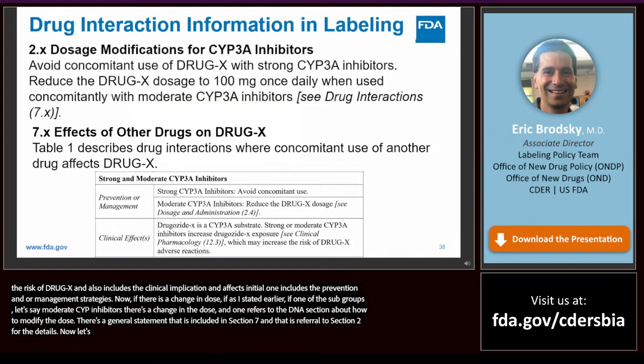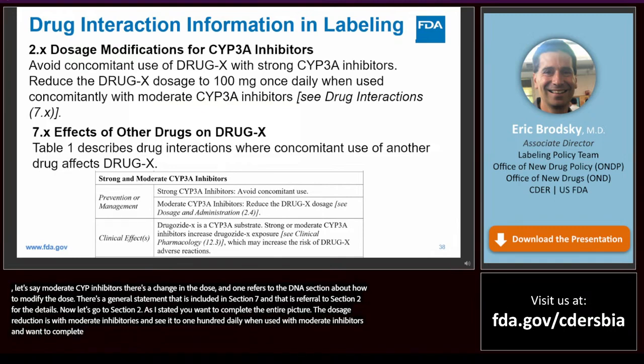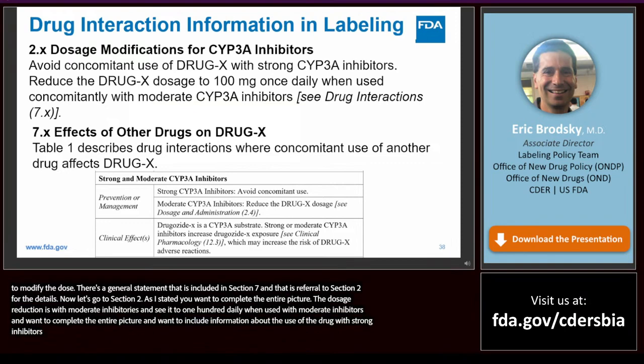Now let's go to Section 2. As I stated, you want to complete the entire picture. The dosage reduction is with moderate CYP3A inhibitors, and you see the dose reduction to 100 milligrams once daily when used concomitantly with moderate CYP3A inhibitors. We want to complete the entire picture, so we also include information about the use of the drug with strong CYP3A inhibitors, and it's avoid concomitant use.